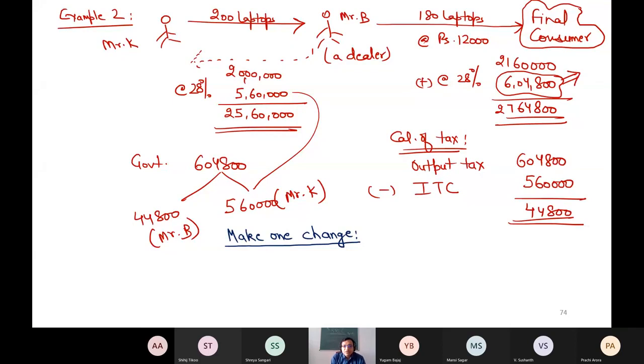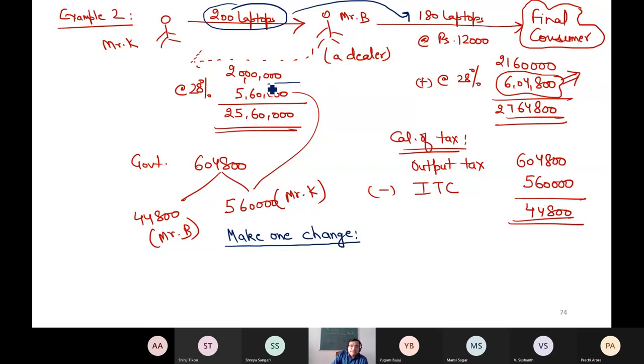So let us make one change. Now what is that change? Now on an average, for example, out of 200 laptops, B has sold 180 laptops and taken entire ITC, and there is no problem.